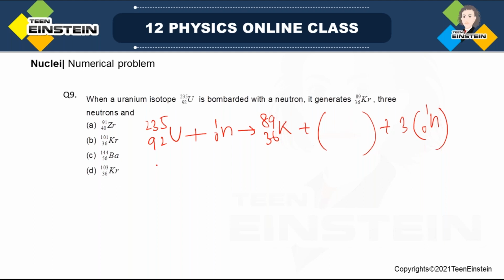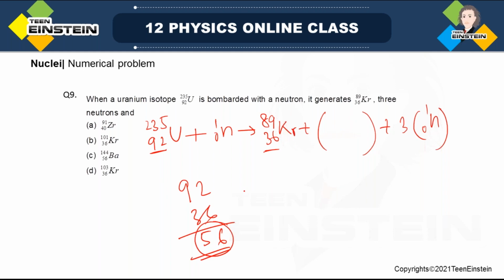You can check with this. So what is remaining? Because neutrons anyway don't have charge. So there will be an element which has atomic number 56 that has to be emitted along with krypton.